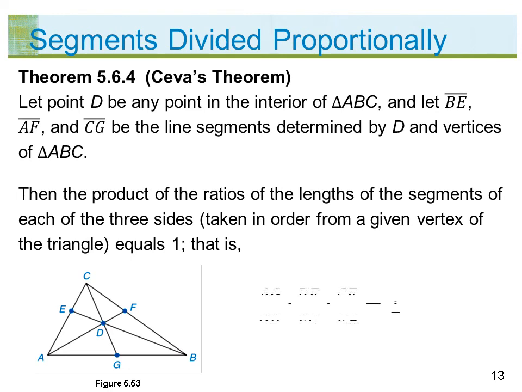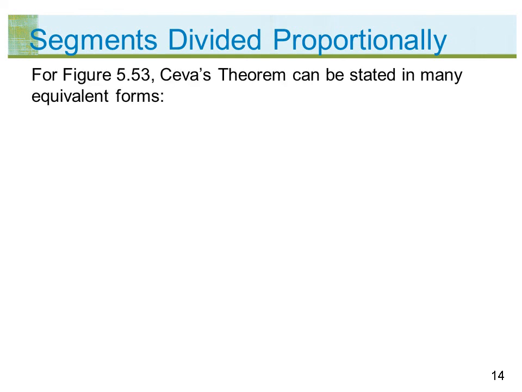That is, AG/GB times BF/FC times CE/EA equals 1.